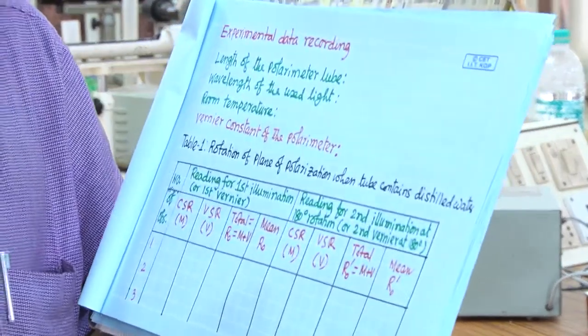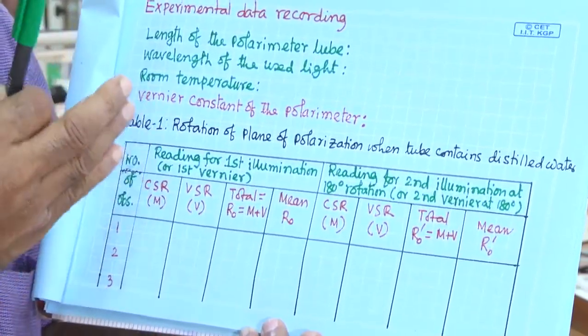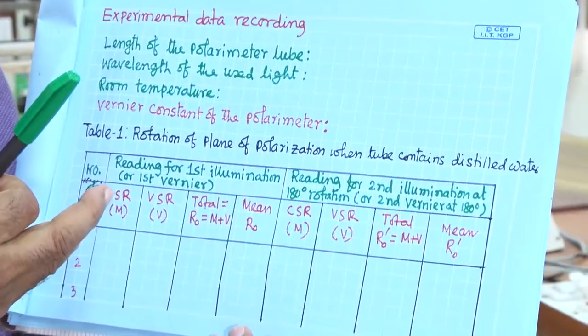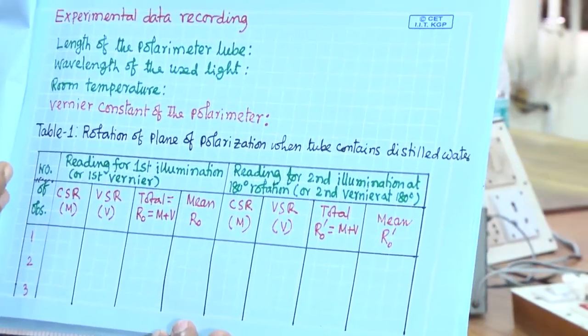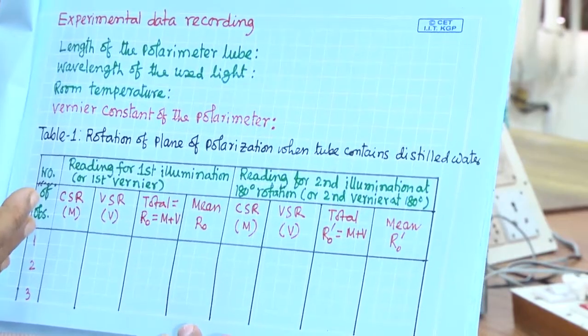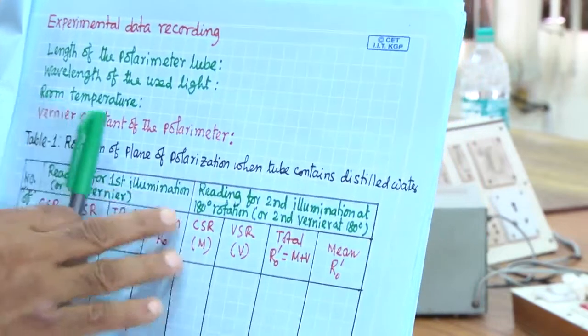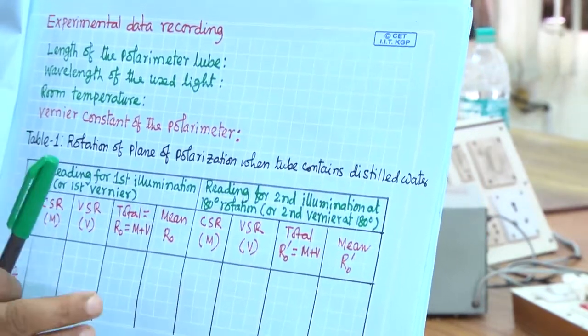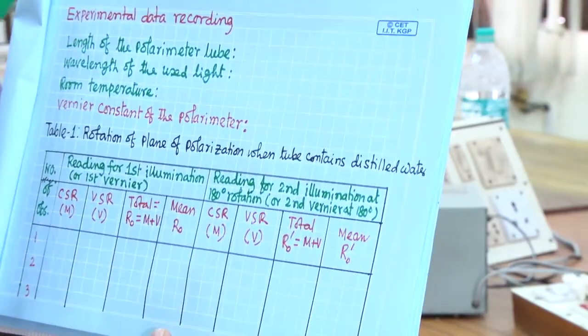Generally you will get 4 uniform illuminations. Two of them are of weak intensity and 2 will be bright, the highest intensity. But in our case it is difficult to distinguish that intensity, so we will take 2, 180 degrees apart from each other.